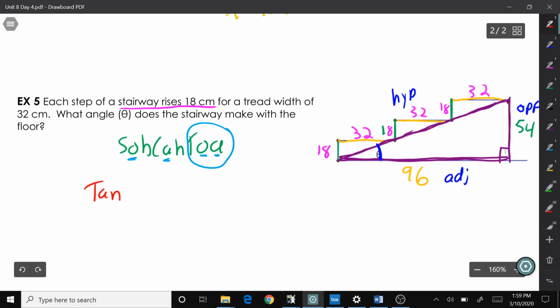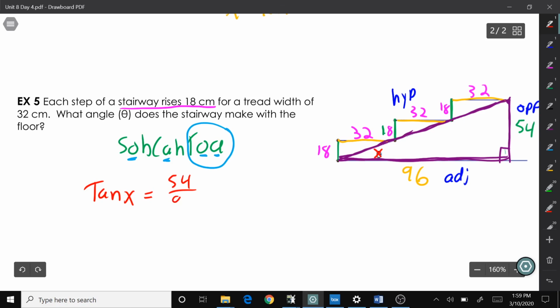So the tangent of that little symbol, I probably should have talked about this earlier. This little symbol is another variable. The technical term is theta, but you don't need to know that. Just know that that means the angle measurement, and we're trying to find that. So if you want to write an x there instead, that's fine.